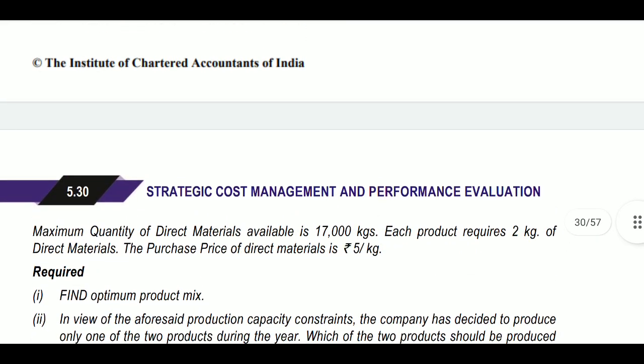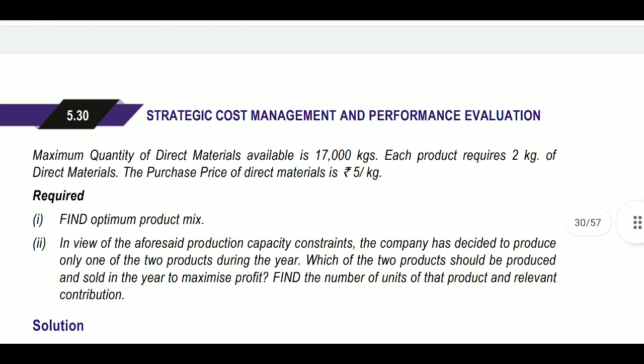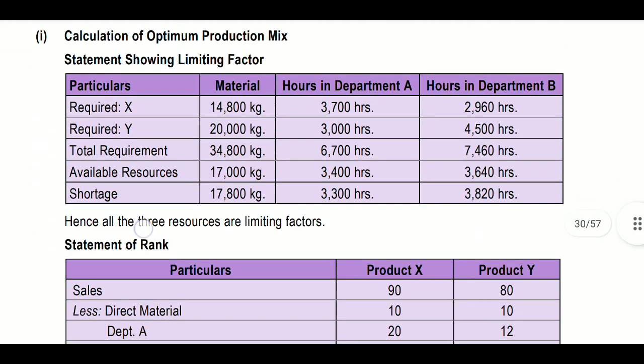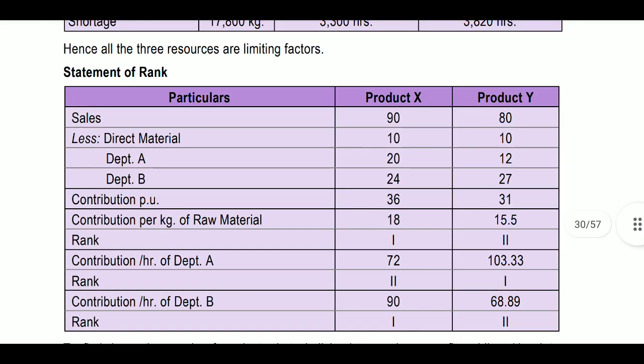Each product requires 2 kgs of direct material, so the purchase price is 5 rupees per kg, and 5 into 2 is 10 rupees. Next, department A is 20, 30. Department B is 24, 27.